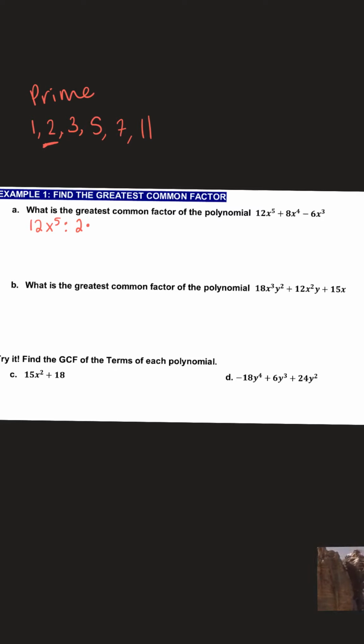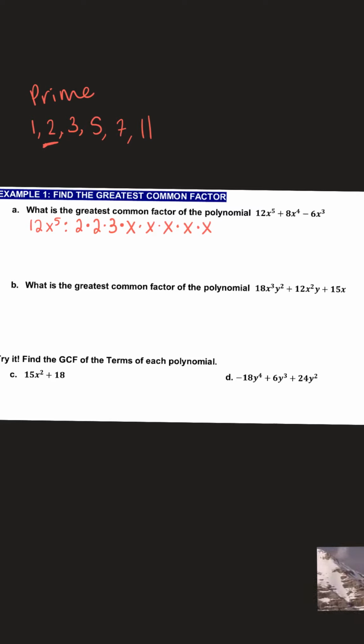Instead, what two numbers multiplied to each other give you 6? 2 times 3. So we're going to write 2 times 3. And I can double check this in my calculator if I need to. I know that 2 times 2 is 4 and 4 times 3 is 12. So therefore, that gives me my 12. And then x to the 5th is just the same as 5 x's. And that's my prime factorization tree of the 12x to the 5th.